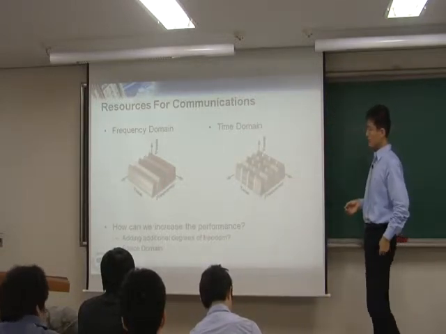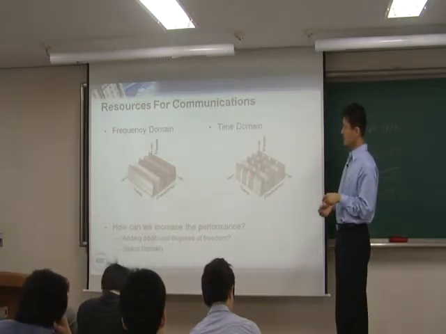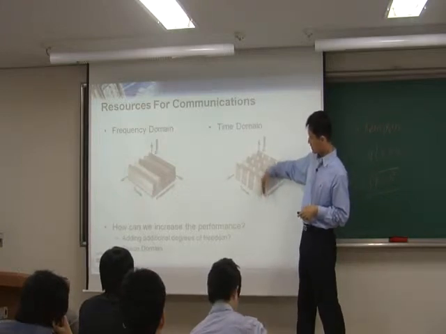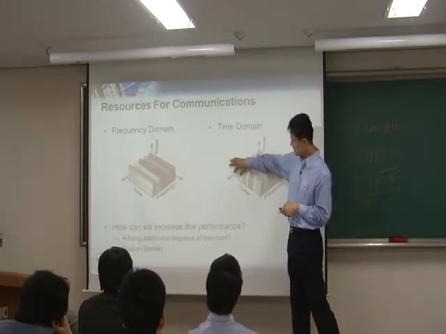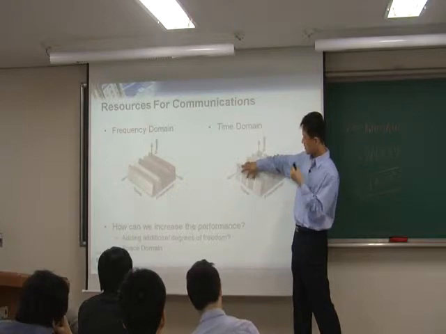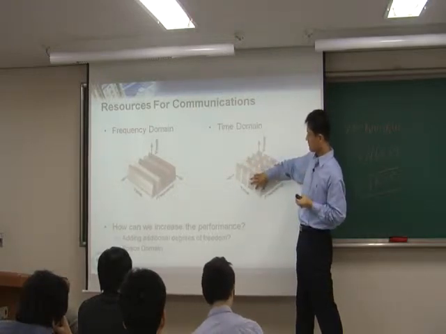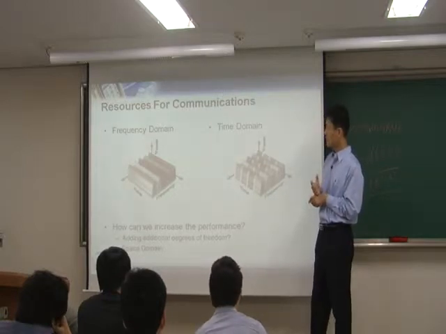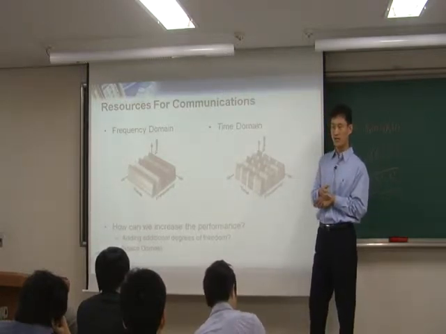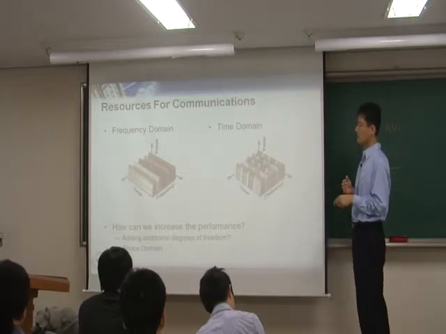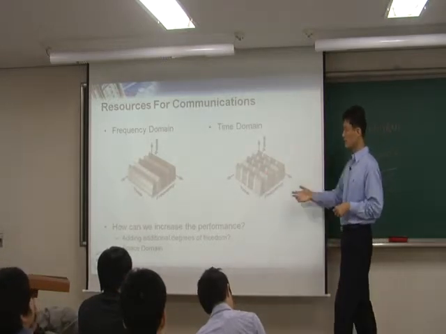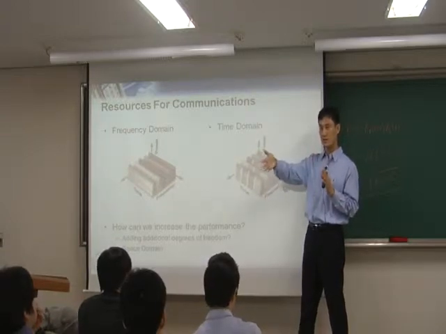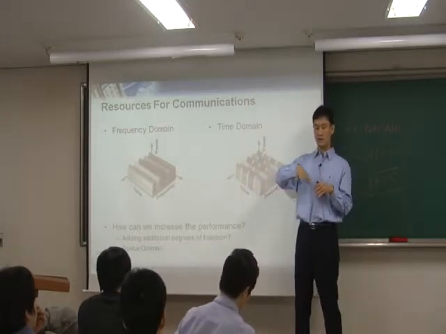Another way that we can think about is the time domain. In the time domain, you basically split the time into several time slots and use these time slots differently. This concept tries to take advantage of what we call time diversity. What that means is this: as we know, we have time fluctuation because of fading.